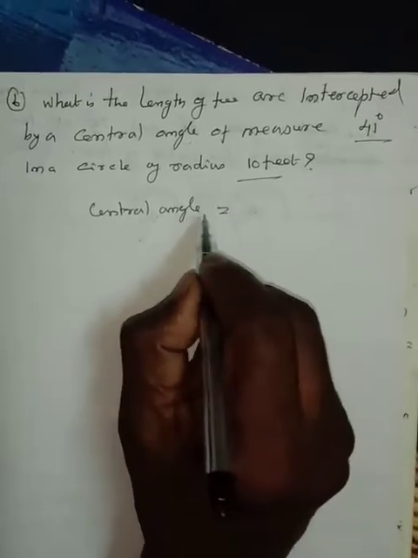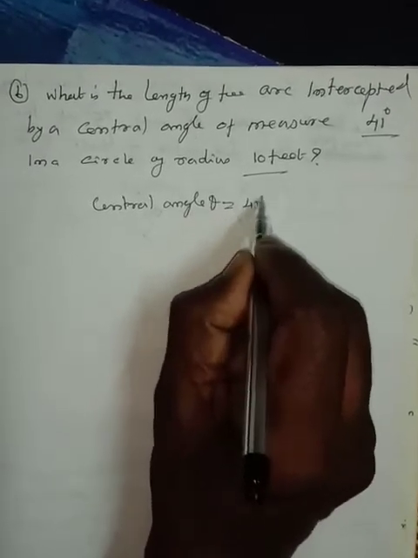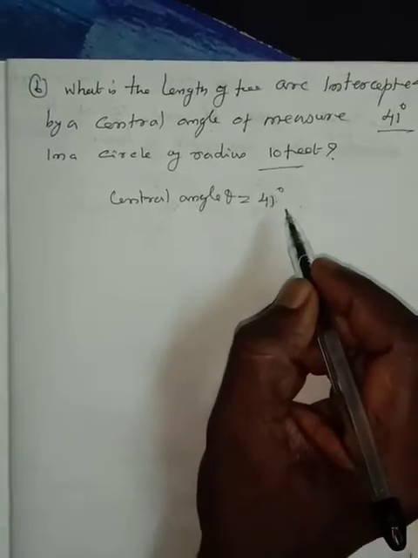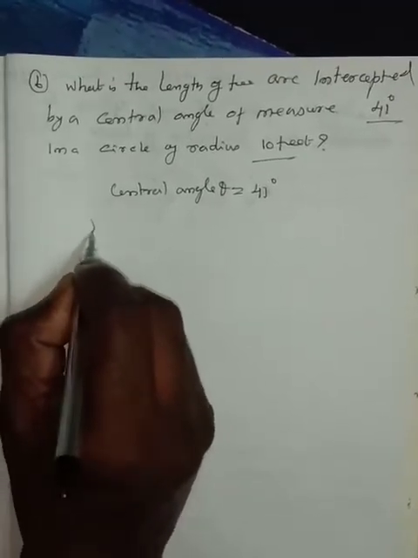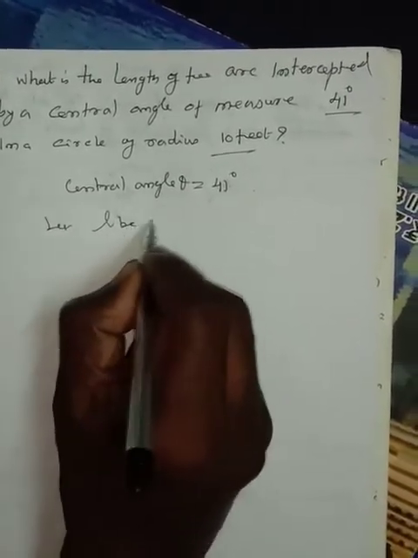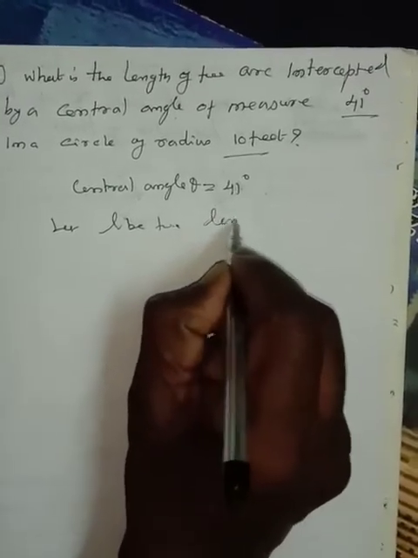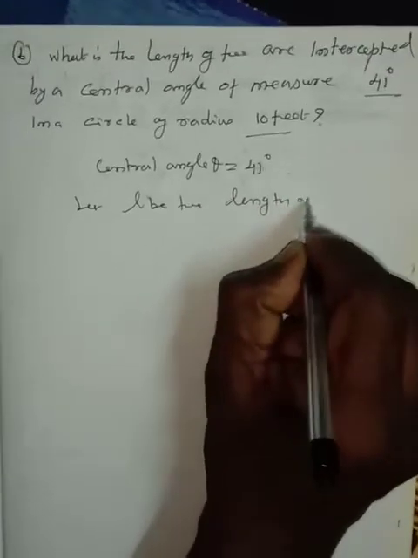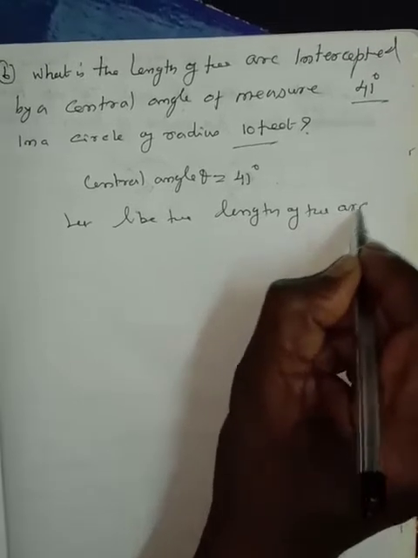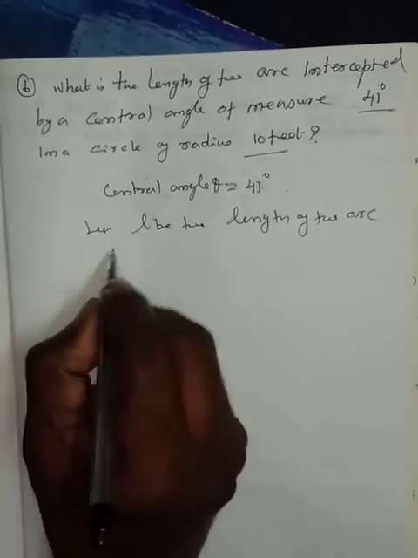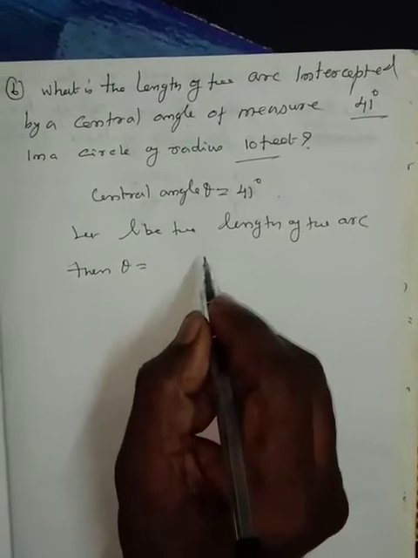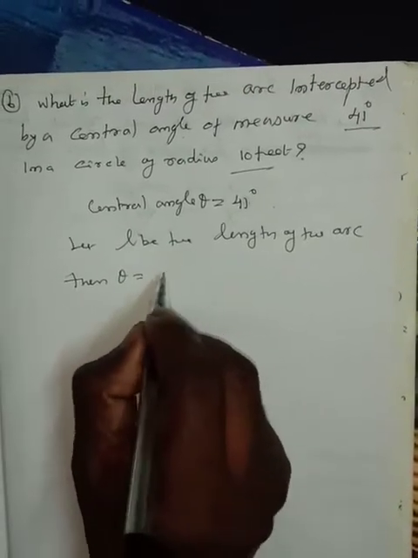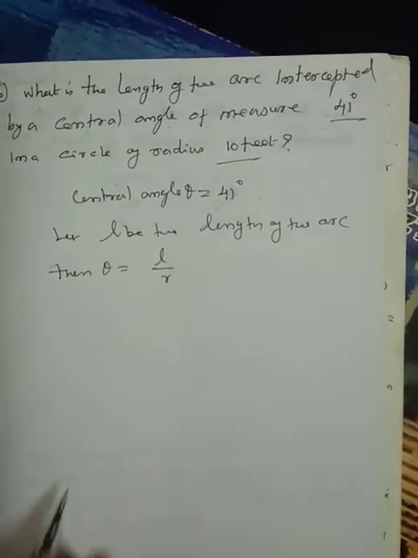Next, let L be the length of the arc. Then theta is equal to L by R. This is the formula.